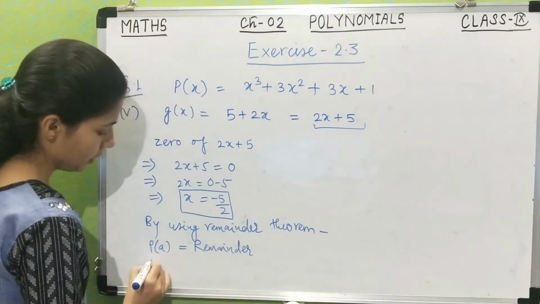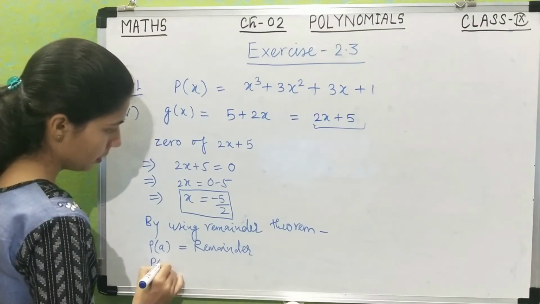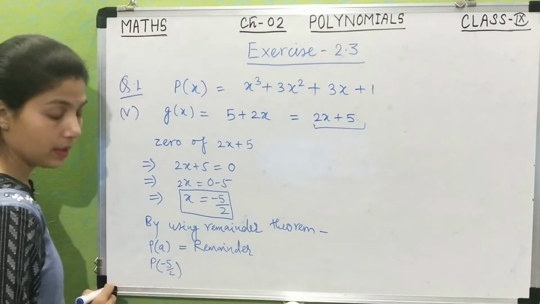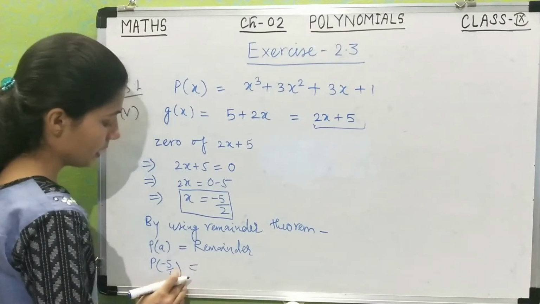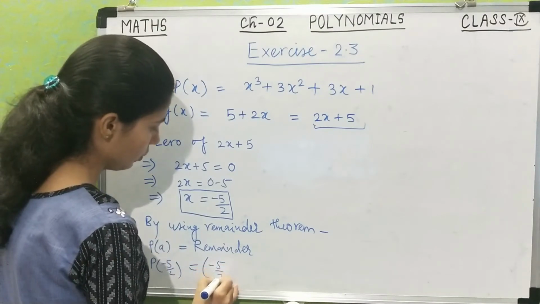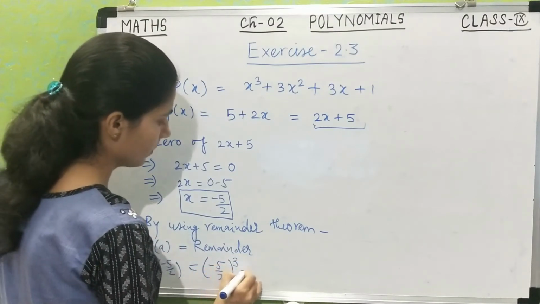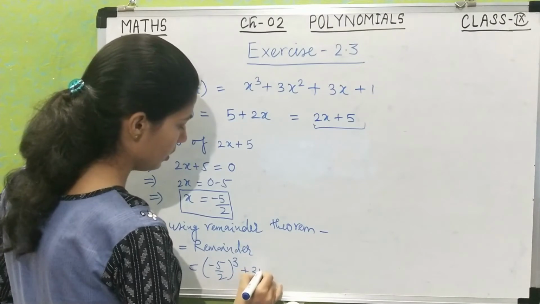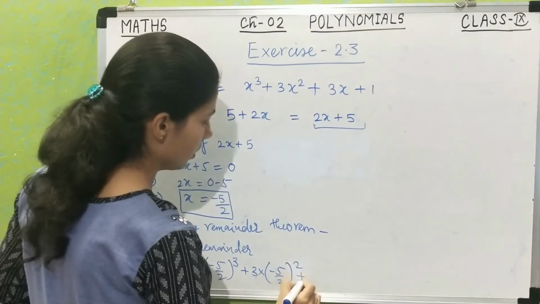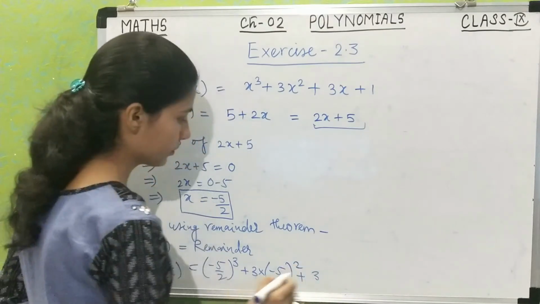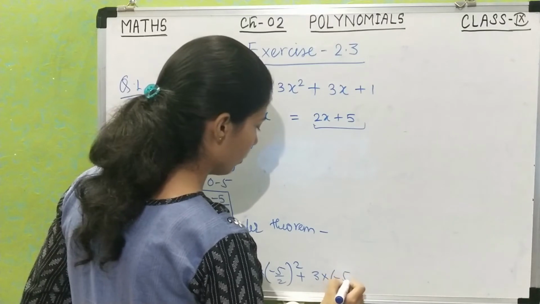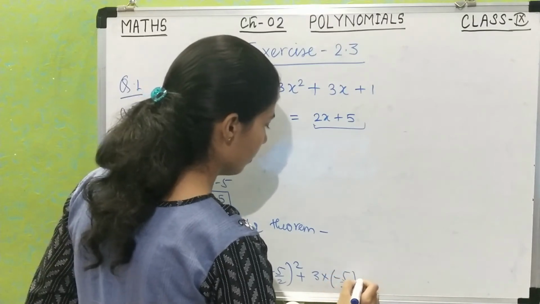So P(a) here should be P(minus 5 by 2). Write this value in the polynomial: minus 5 upon 2 raised to power 3, plus 3 into minus 5 upon 2 raised to power 2, plus 3 into minus 5 upon 2, plus 1.